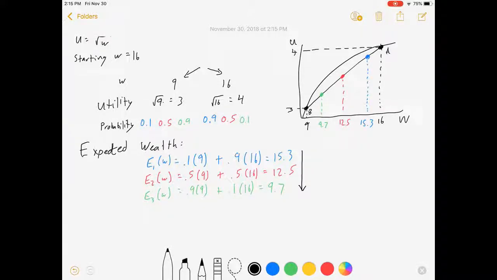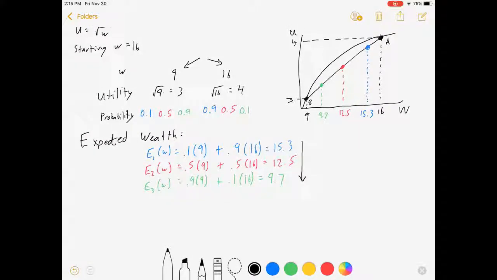Okay, next, I want to calculate our actual utility at each of these levels. What if instead of playing this little gamble, you got to just take $15.3 and walk away? I'm going to say utility of expected wealth.